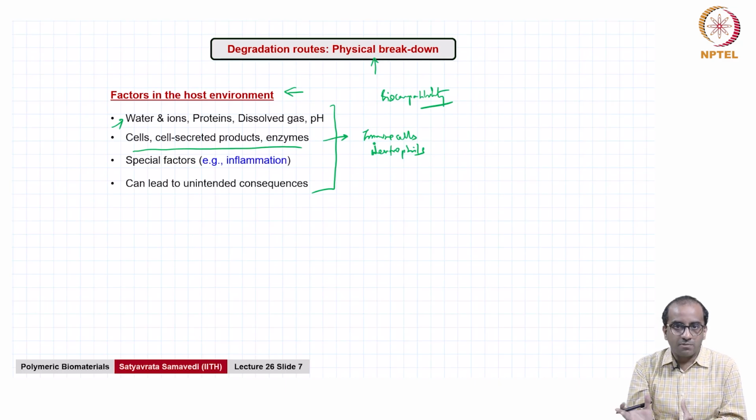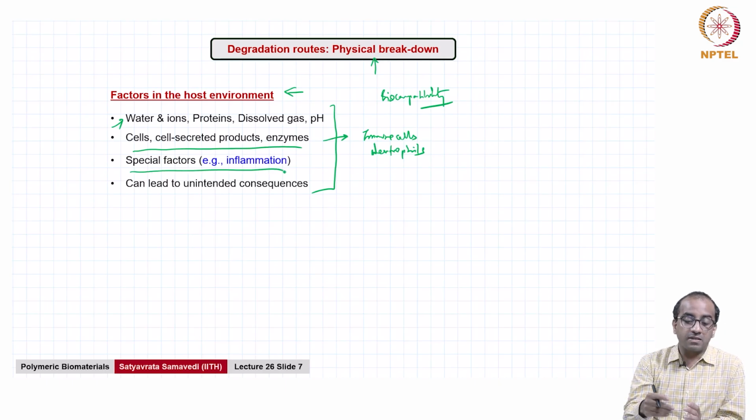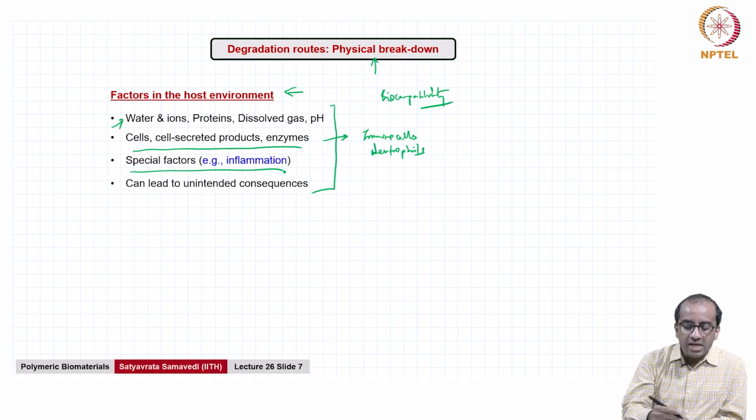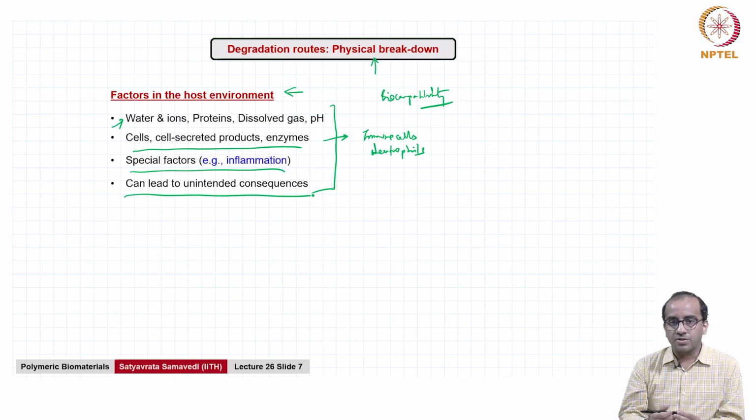So, we will look at some of those later in this course, but again, it's just to keep in mind that the host is also going to have an effect on the biomaterial, which can in turn lead to degradation. That's the point we're trying to make here. Of course, you can have special factors. If you have chronic inflammation such as in osteoarthritis, then one question to ask is, if I'm using a polymer there, how long will it survive under those inflammatory conditions, which can exacerbate degradation, leading to unintended consequences, right?